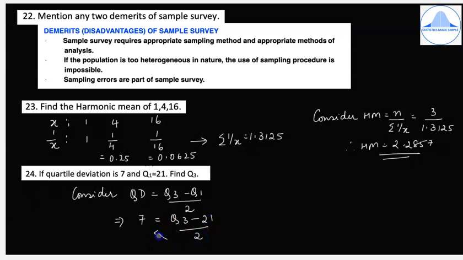Next you cross multiply, so which implies 7 into 2, 14 is equal to Q3 minus Q1, where Q1 is 21, so which implies Q3 is equal to 14, and when minus 21 comes to the left hand side, it becomes plus 21, so the final answer is 35. So the third quartile Q3 is equal to 35.